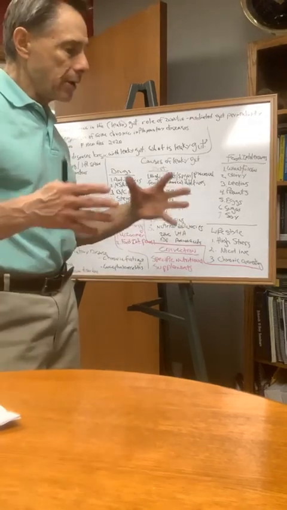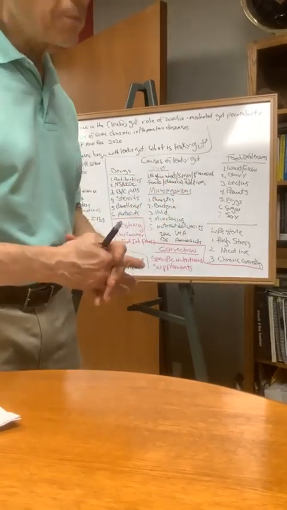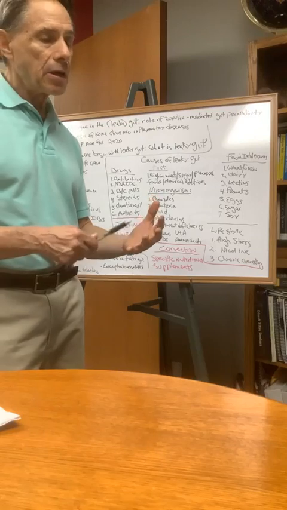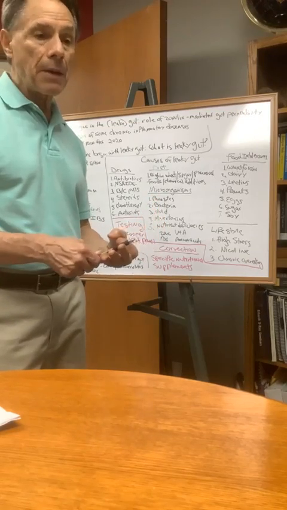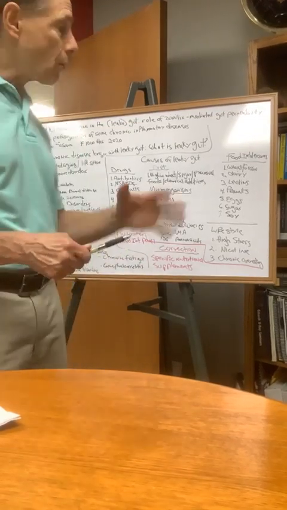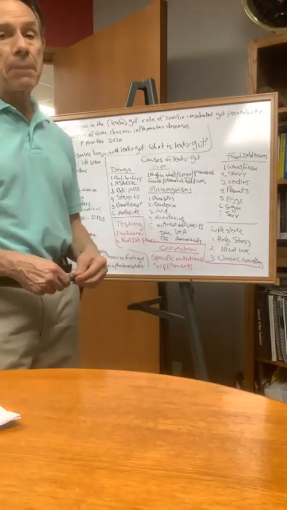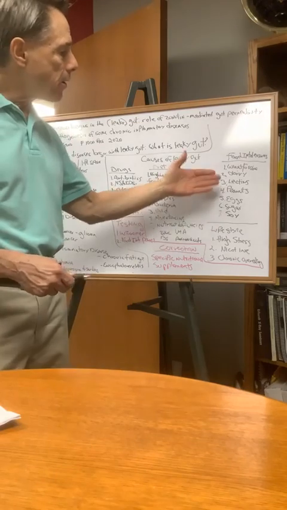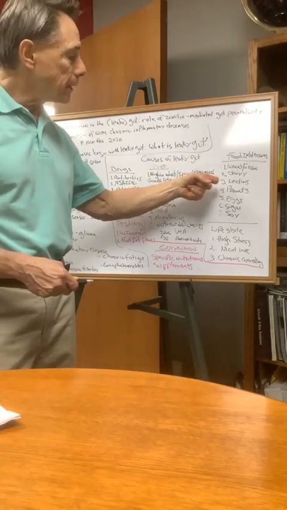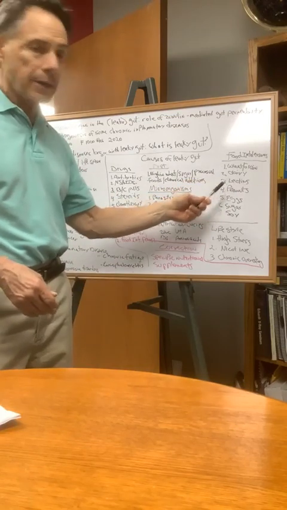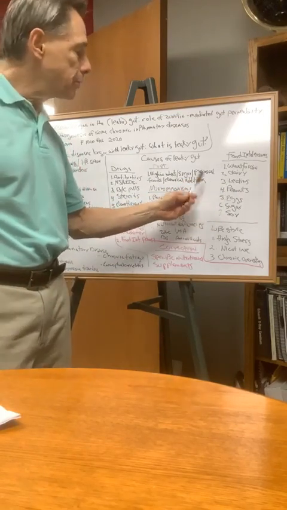Plant lectins are the parts of the plant that protect the plant, and plants that are high in lectins are like tomatoes, cucumbers, bell peppers, potatoes. There's a book out called The Plant Paradox by Stephen Gundry, who talks about lectins in his book. Now, not everybody has intolerances to lectins, but there are a lot of people that do.